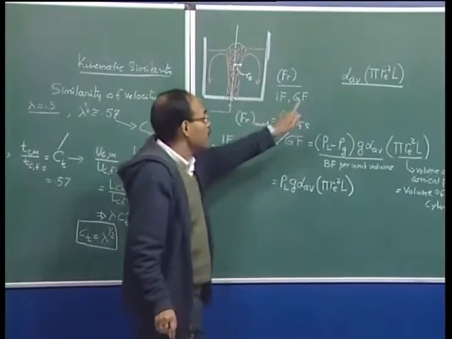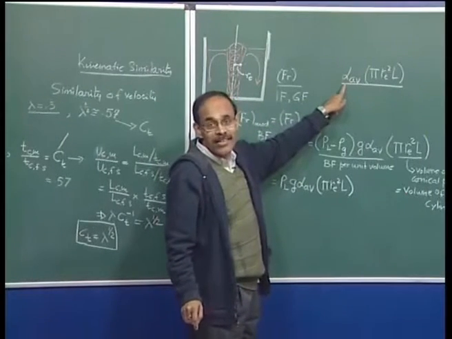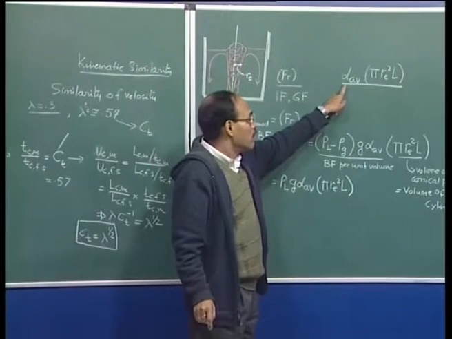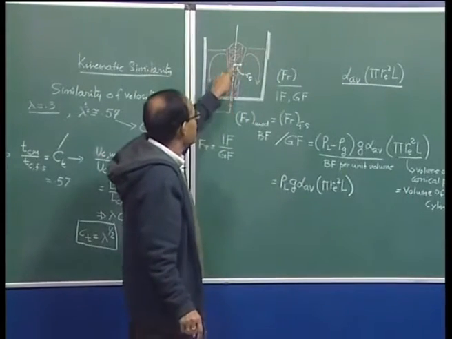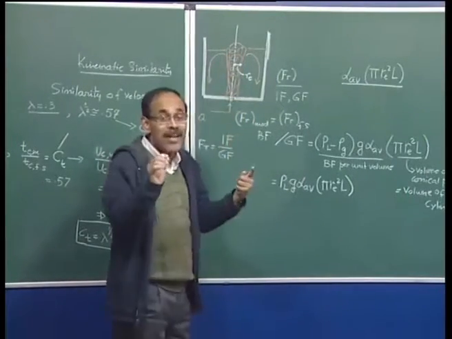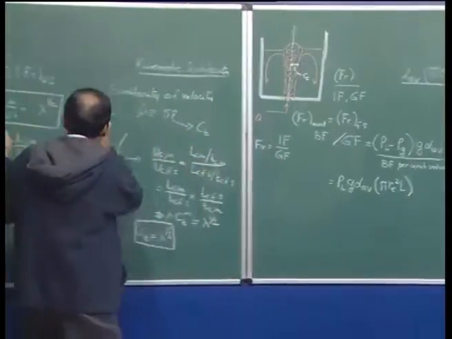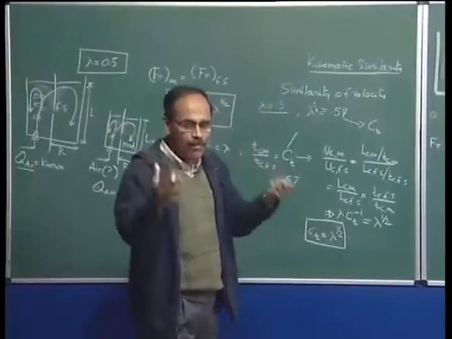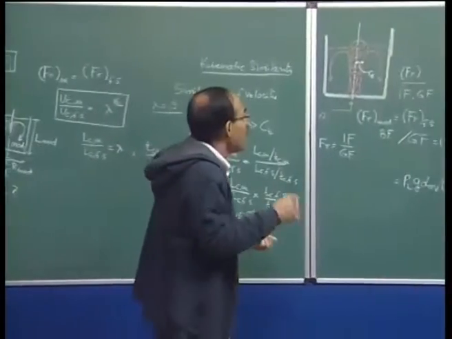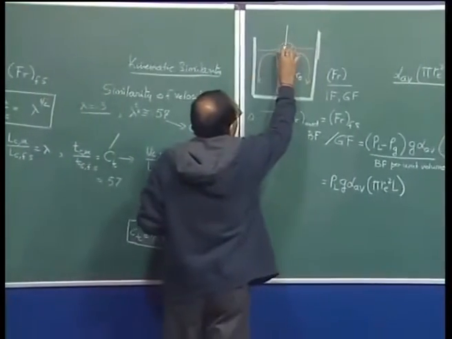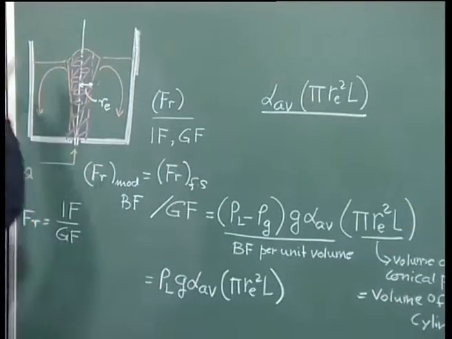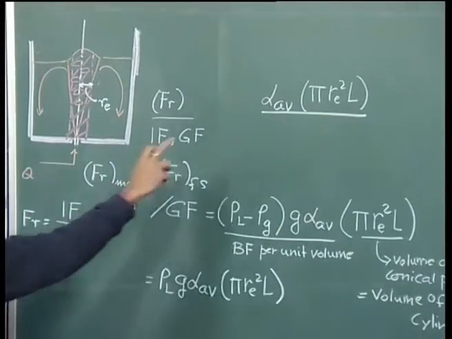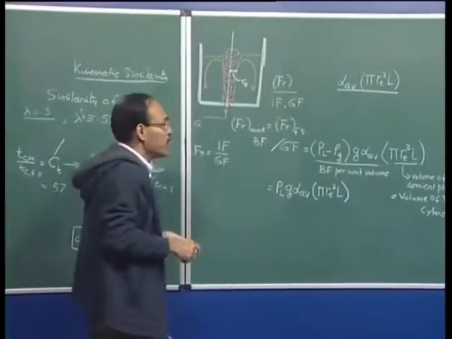In reality, as I have mentioned earlier in the discussion on secondary steel making or ladle metallurgy, there is going to be variation of gas volume fraction, but as I said, we are finding out a modeling criterion based on some idealizations and assumptions. So, we have assumed a uniform average gas volume fraction, which is nothing but alpha average.